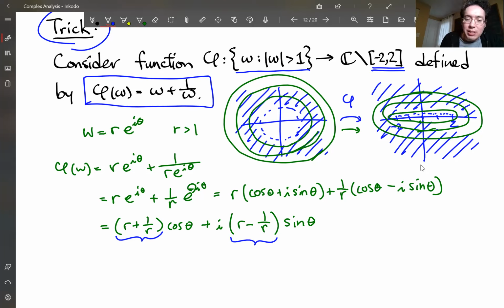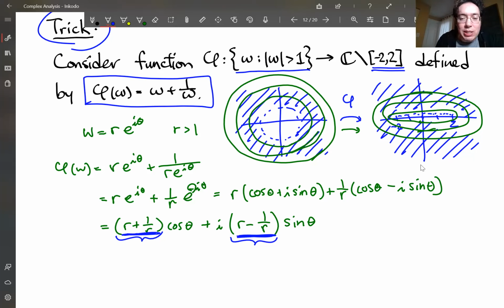If I didn't have that in this expression, this would be a unit circle because cosine theta plus i sine theta traces a unit circle in the counterclockwise direction. So what this does is that it stretches the horizontal component by a factor of r plus 1 over r, and it stretches the vertical component by r minus 1 over r.